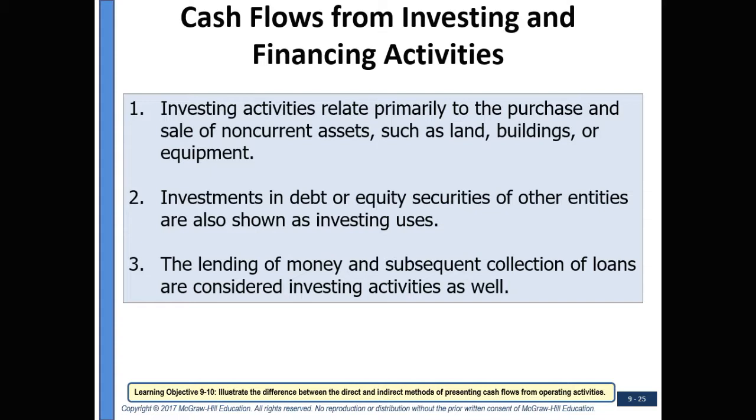Cash is often used in order to acquire or build these types of things during the given year. These are investments. We call them capital additions. Investments in debt or equity securities of other entities are also shown as investing uses. And cash received from the sale of non-current assets is shown as an investing source of cash. The lending of money and the subsequent collection of loans is considered an investing activity as well.